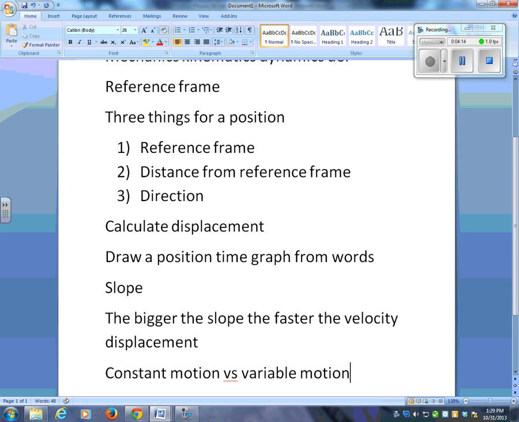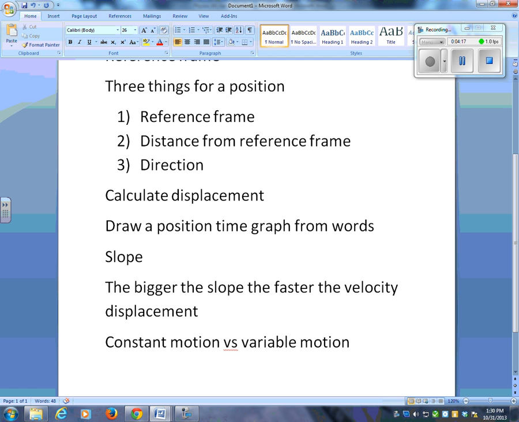Constant motion, the position time graph is what? Linear or straight, right? Do you guys know the difference between straight and flat? Okay. What would variable motion look like? It'd be curved.